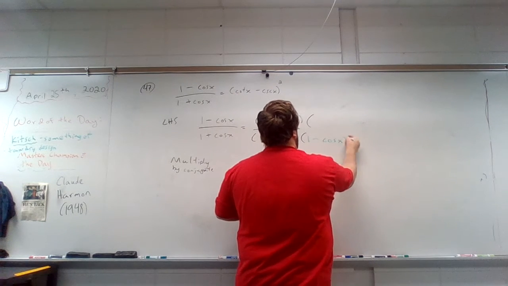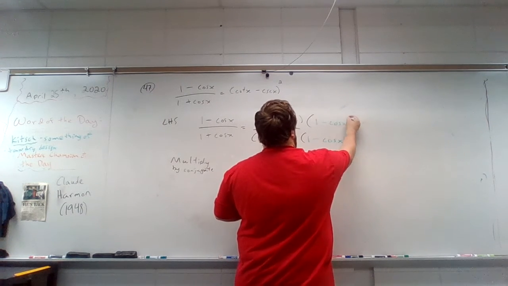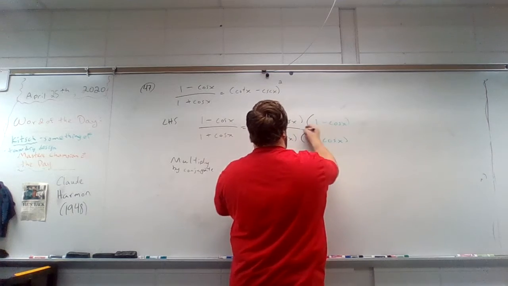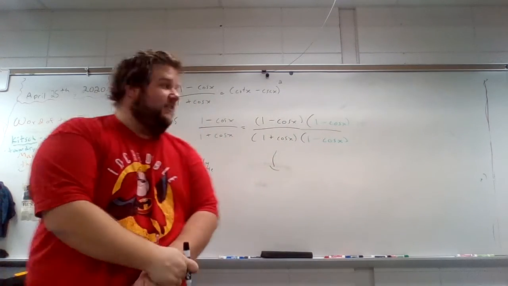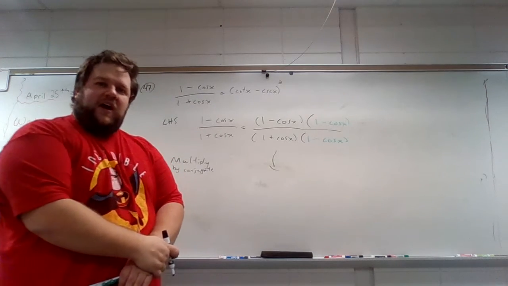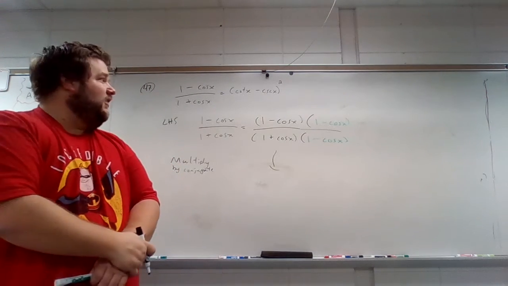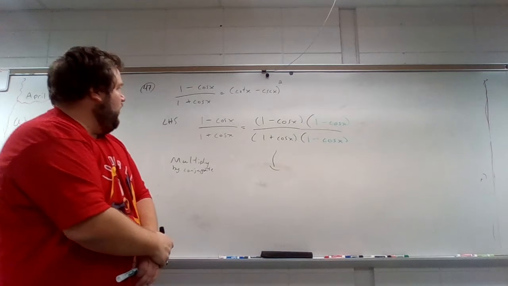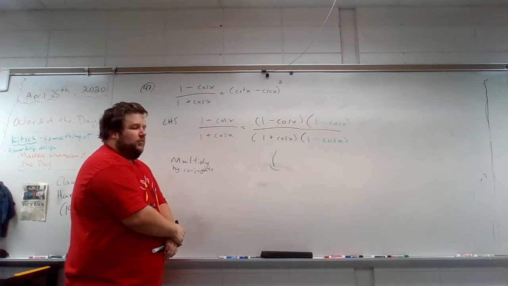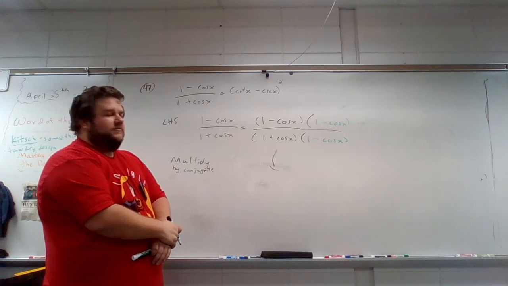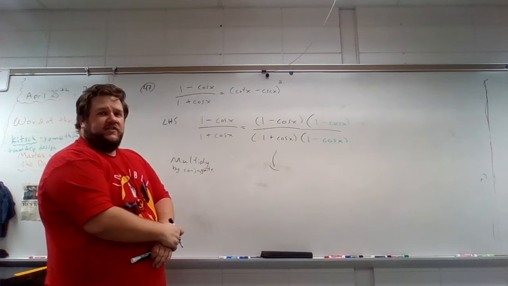So if I started with the left-hand side, my first step would be something like this. And then I would go on and simplify that. To save some time, I'm not going to do that because it's what we did the other way in reverse. But we are going to see some where it's more clear-cut that I would want to implement that multiplying by the conjugate strategy.